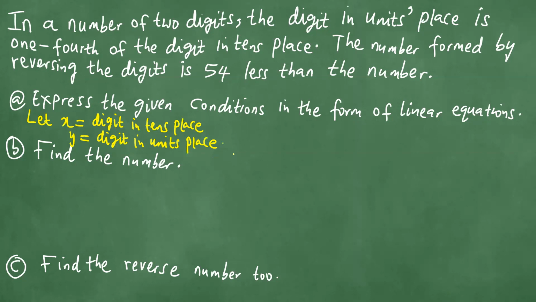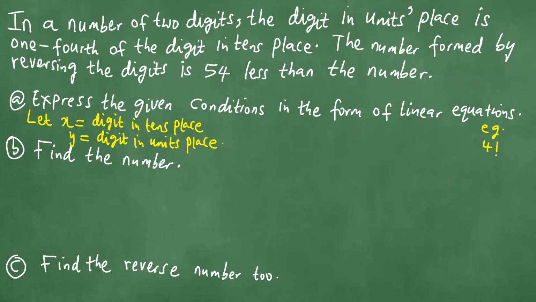So one way to do this is to imagine an example, to say that a number of two digits is, say, the number 41, such that the digit in the units place is 1/4 of the digit in tens place.